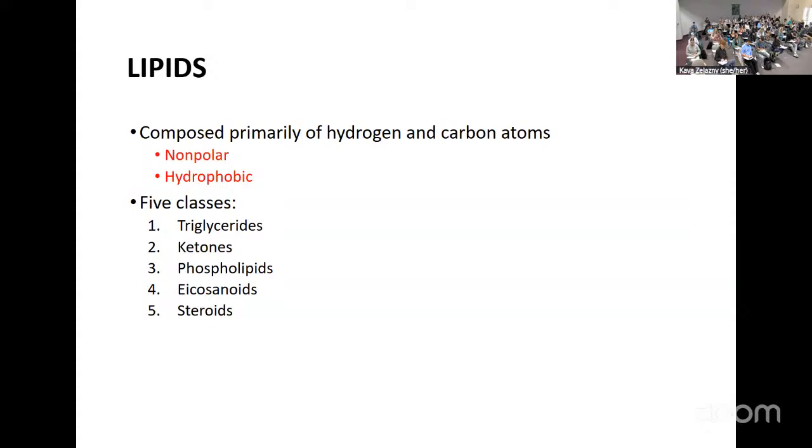It's going to be carbon and a lot of hydrogen. Now this is important because that lack of oxygen kind of changes their behavior, right? So oxygen in general tends to cause some polarity.